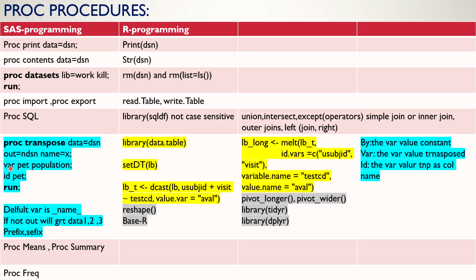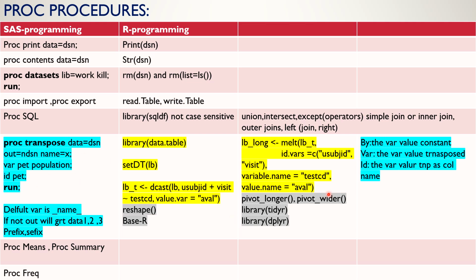Here the var statement and id statement, two options will be there. If you write var and mention variables from the population dataset, only those variables' observations are going to be transposed. Here id, sorry, by mistake I wrote the same variables. If you write another variable in id, that variable's values are converted to column names.